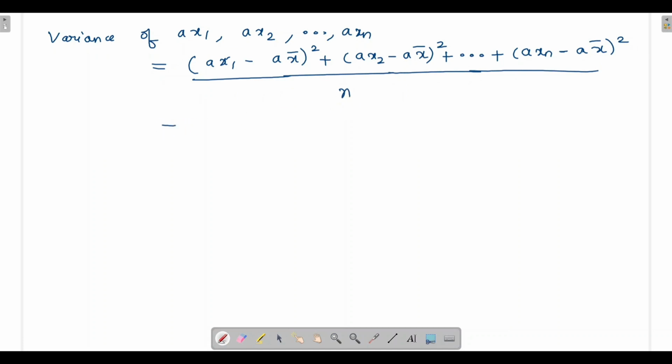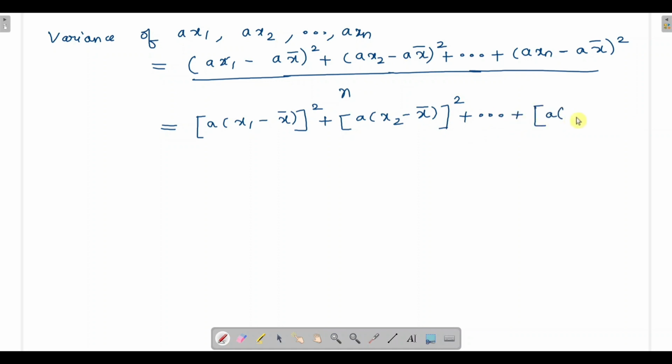Okay, so this is equal to, now we can take a common from this, so a times x1 minus x bar the whole square plus again a common from this, a times x2 minus x bar the whole square and so on, plus a times xn minus x bar the whole square. So this is divided by n.